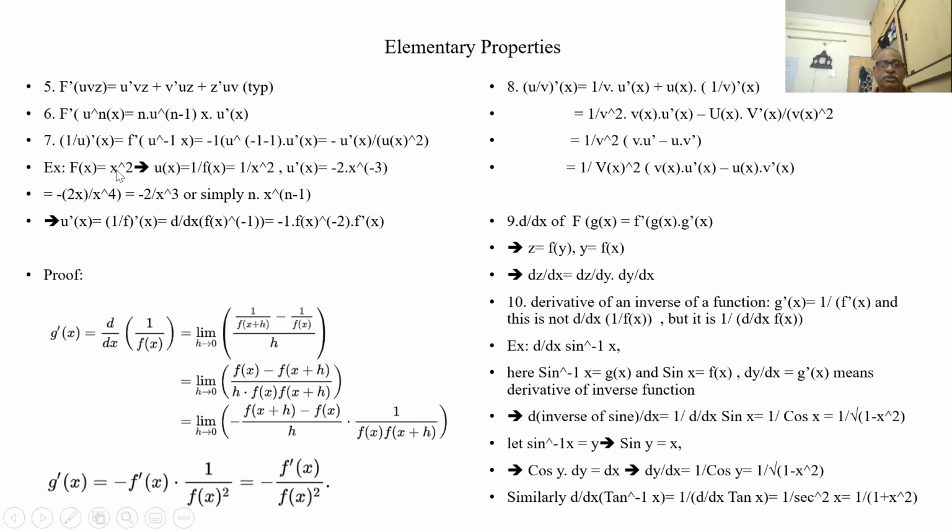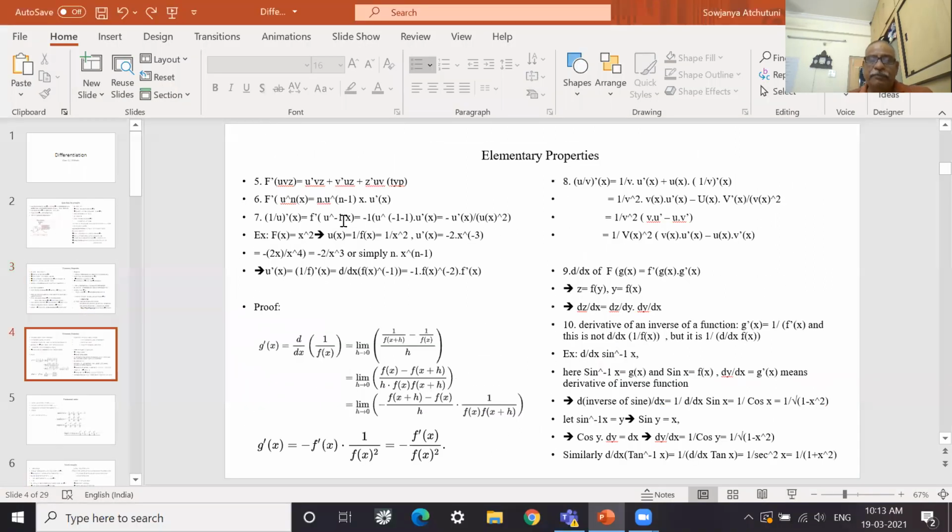So here is an example, x square. 1 by f is 1 by x square, u dash is minus 2 into x to the power of minus 3, that is minus 2 into x to the power of minus 3 into 2x. This is du, this is u dash x. f x is x square, 1 by x square I am differentiating.